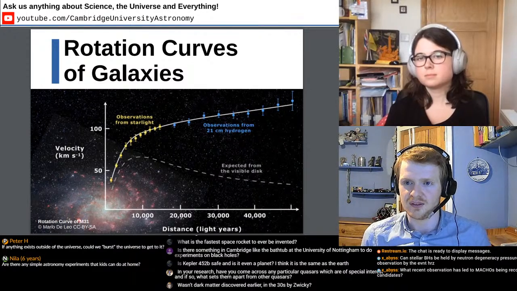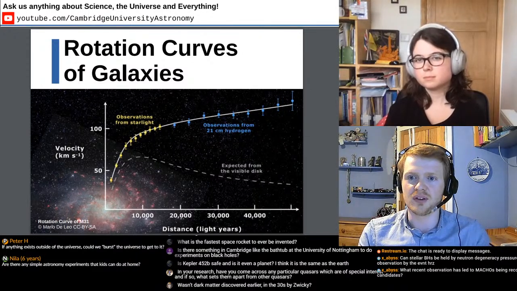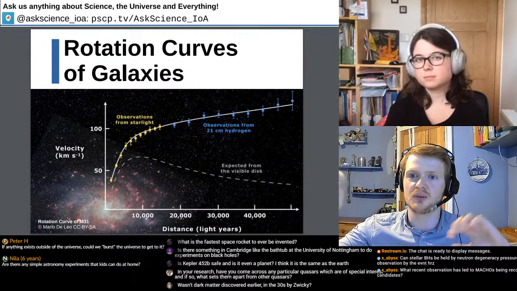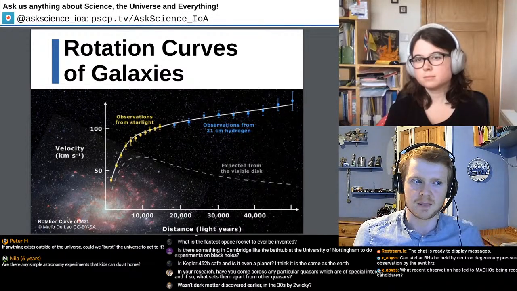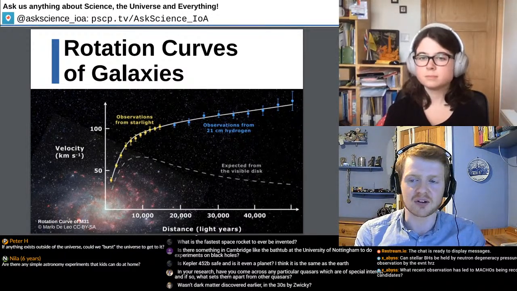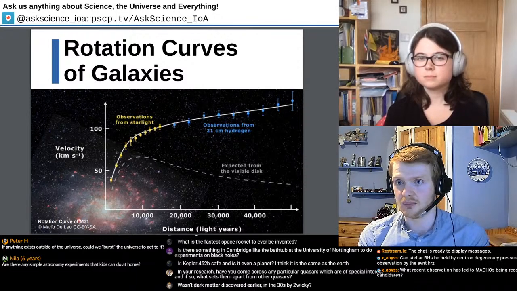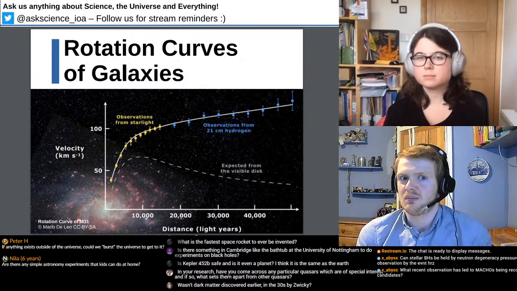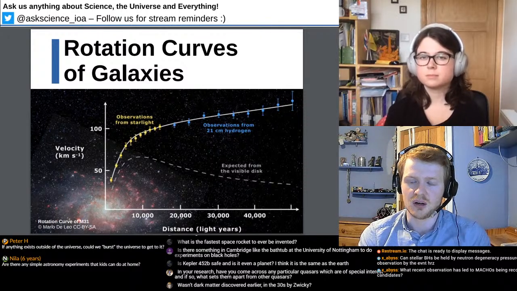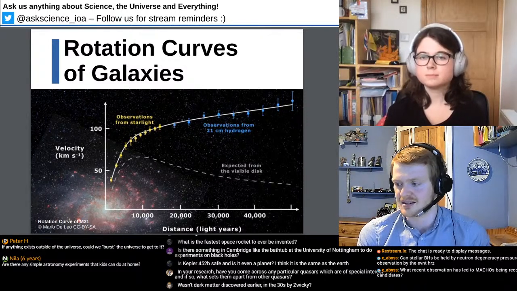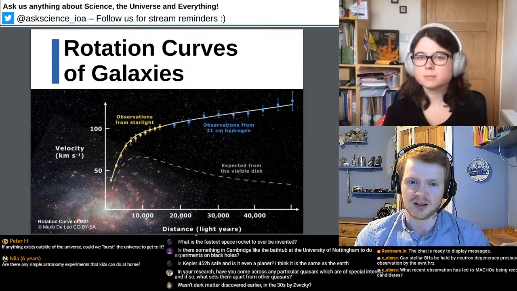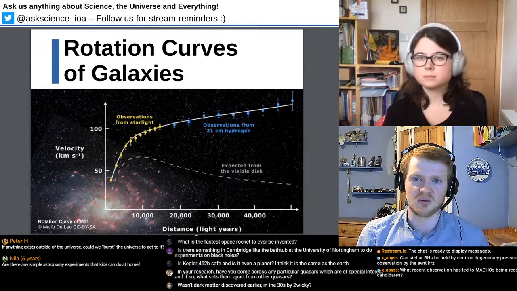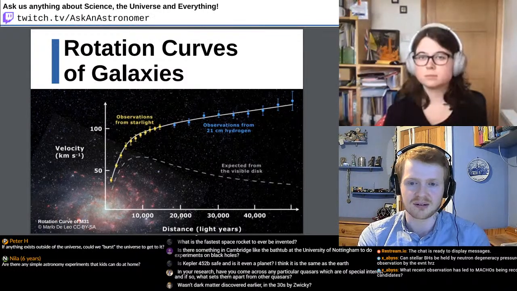So if dark energy was all there was in the universe, things would just get further and further apart. And no one really has a good idea why, as far as I'm aware. People have theories. Some people think it's just an artifact of space, the fact that space exists and it behaves like this, and it just naturally expands. But there's no real consensus about it.